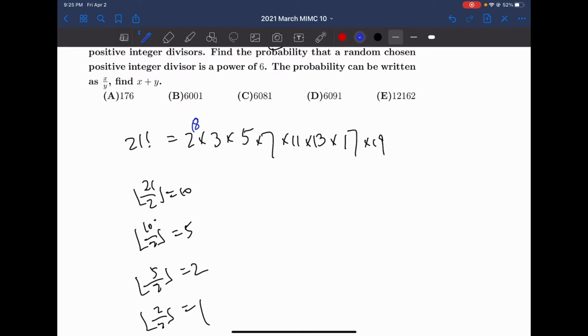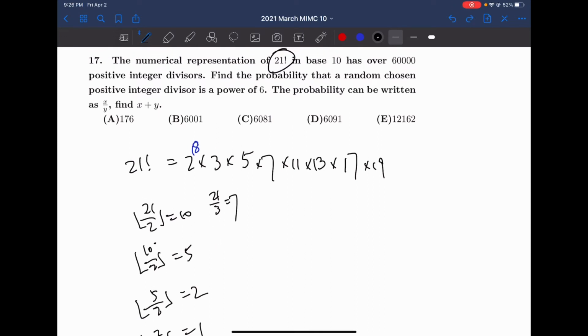And for 3, we have 21 over 3, or 7. 7 over 3 gives 2, and there's nothing afterwards. And for 5, we had 21 over 5, which is 4, and there's nothing afterwards.